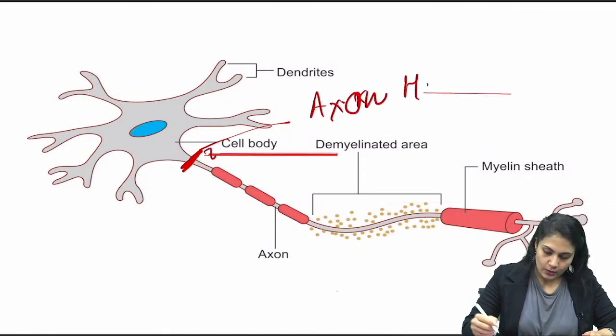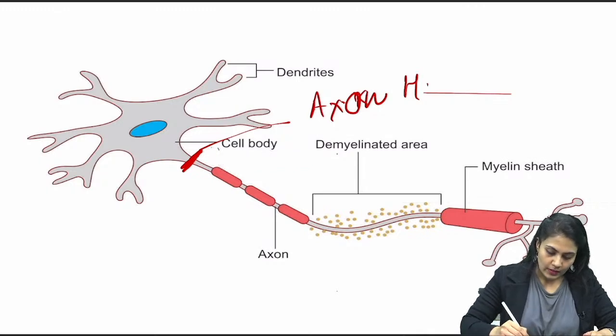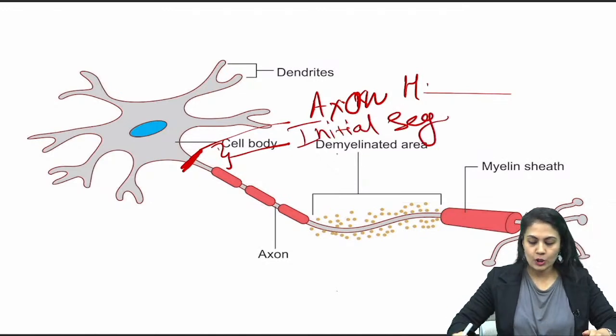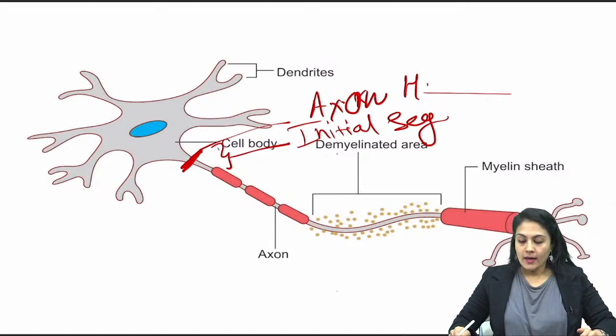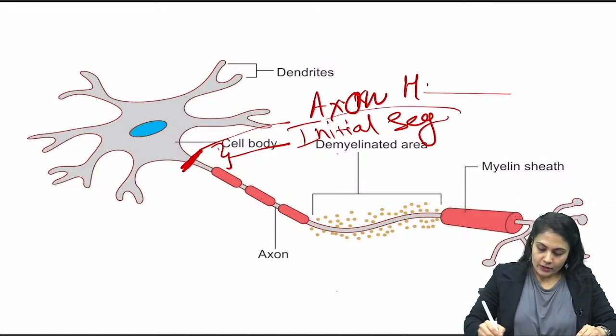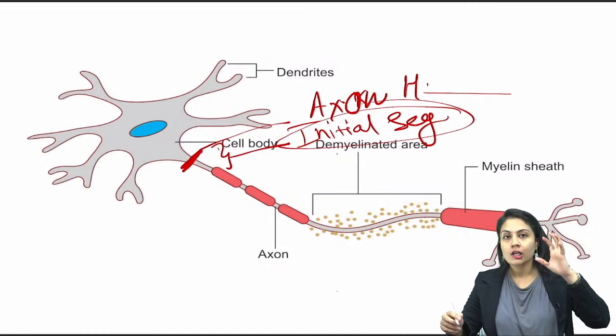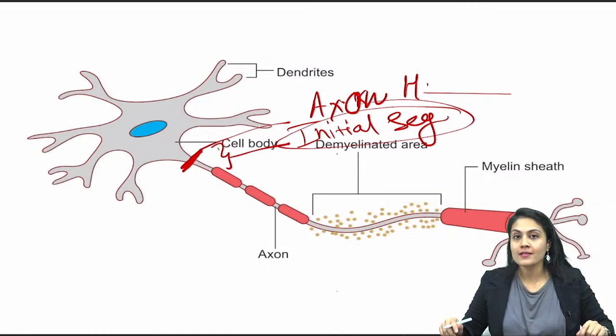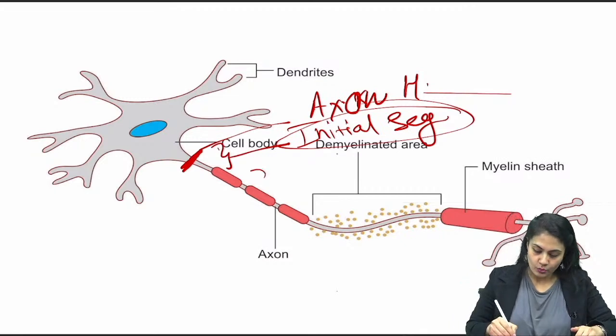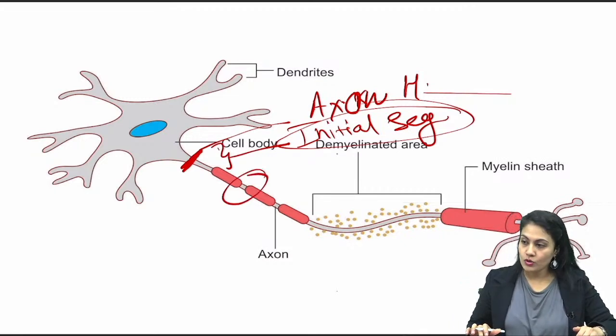The first part over here is known as the initial segment. But always remember, the initial segment should be near the soma. The soma of the pseudo-unipolar sensory neurons is very far, and that's why we have to go through the nodes of Ranvier.